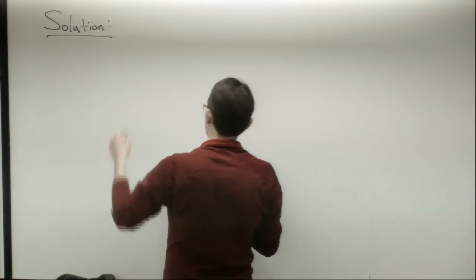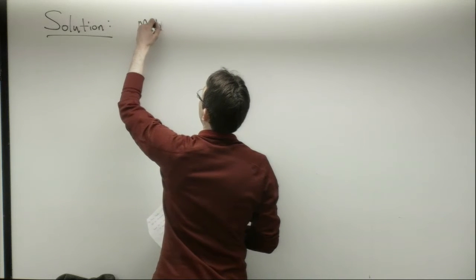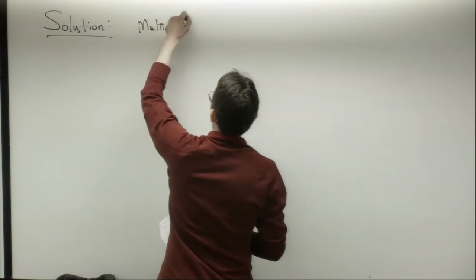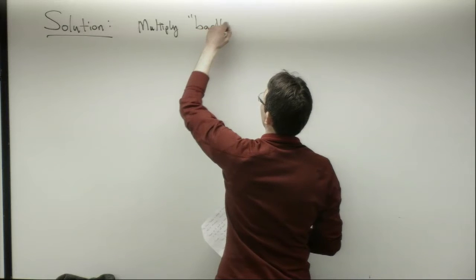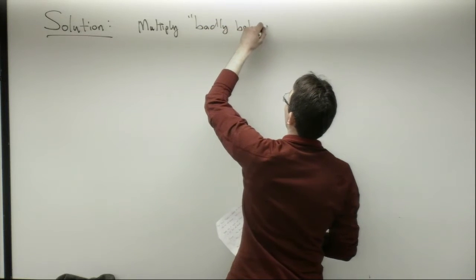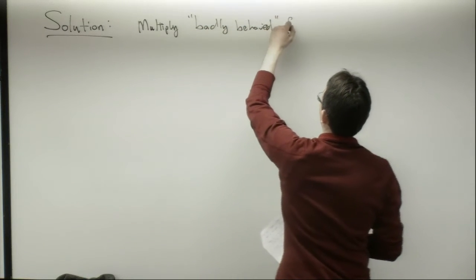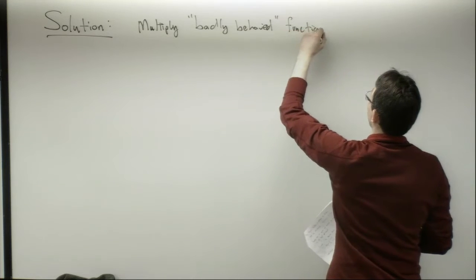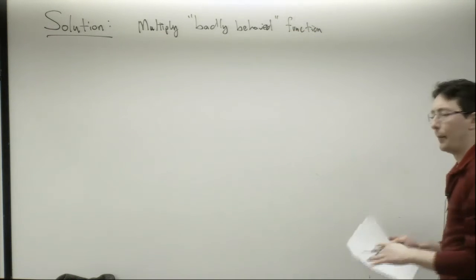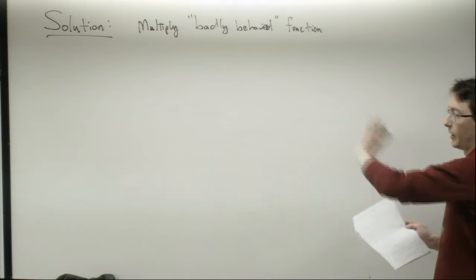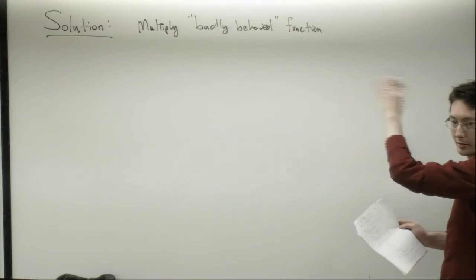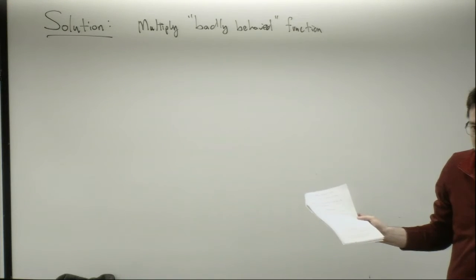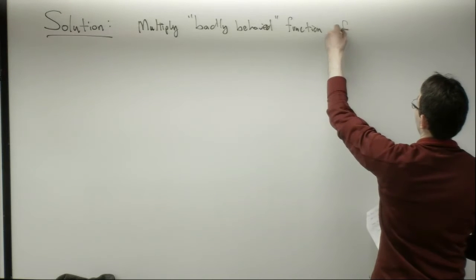So the solution would be to multiply our badly behaved function, let's call this, I'm going to switch to time. In the Fourier domain, I usually have functions of x. In the Laplace domain, I usually think of them as functions of time for reasons you'll see very shortly.